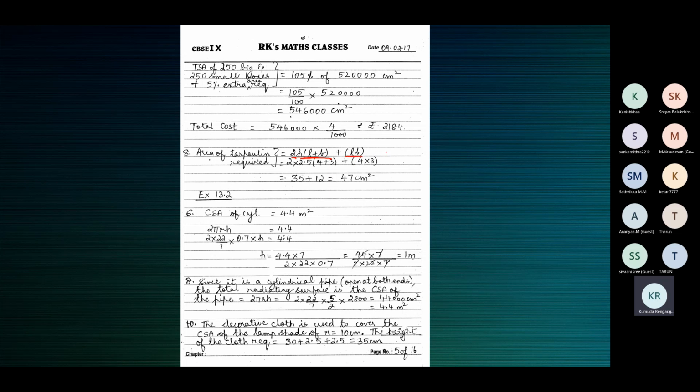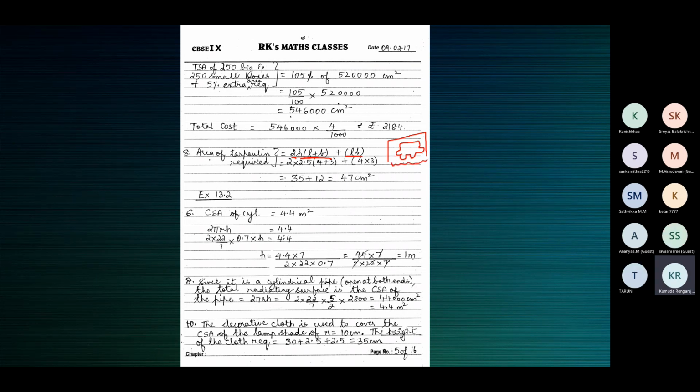Imagine it will be like this: this is the car, this is the floor. Here there is no tarpaulin. Here there is no tarpaulin. This is the box-like structure.